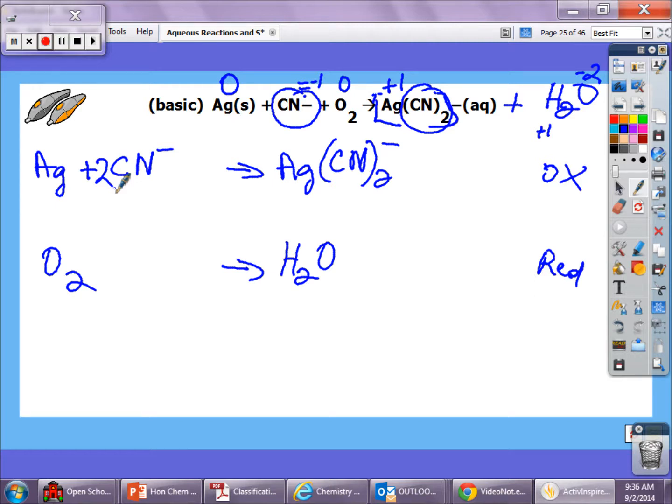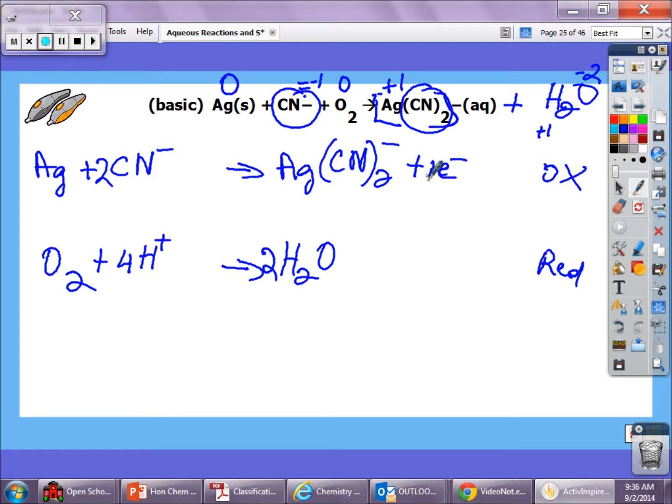I have 2 oxygen here. I need to put a 2 in front of water. Let's go with hydrogen. There is no hydrogen in the first half. So I have 4 hydrogen here. I will put 4H plus here. Let's go with the charges. I have 2 minus here, and I have 1 minus here. So I need to add 1 electron here.